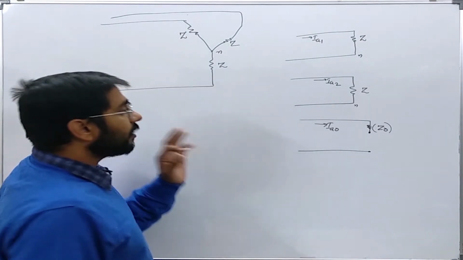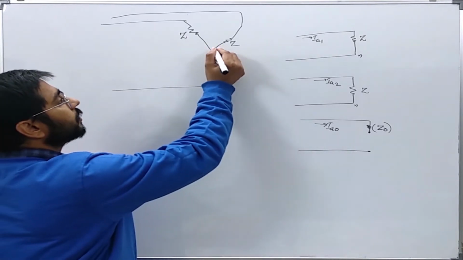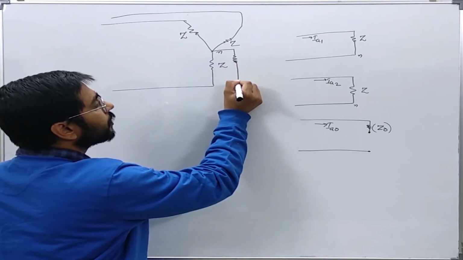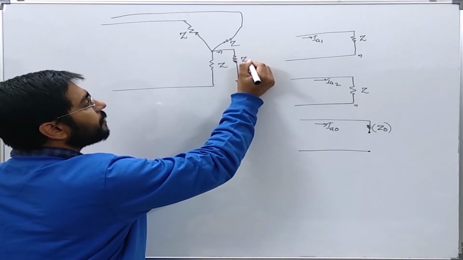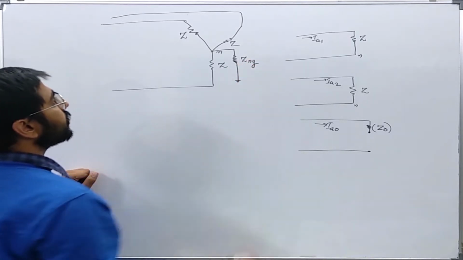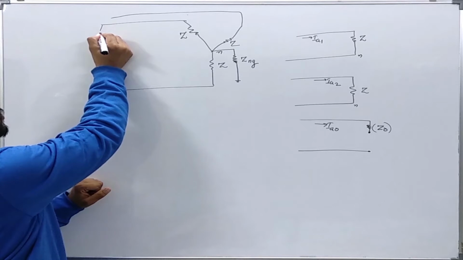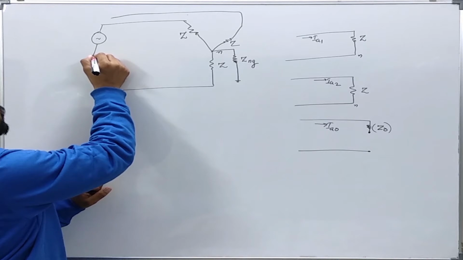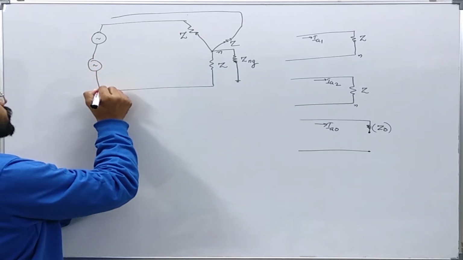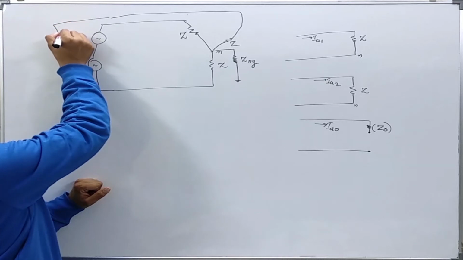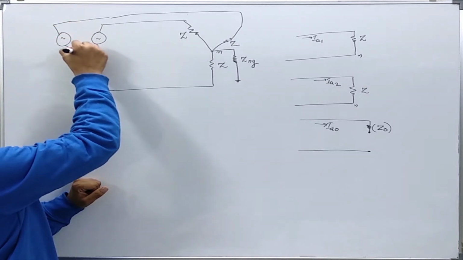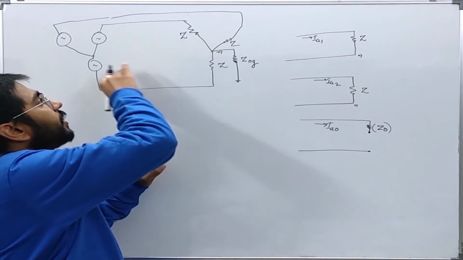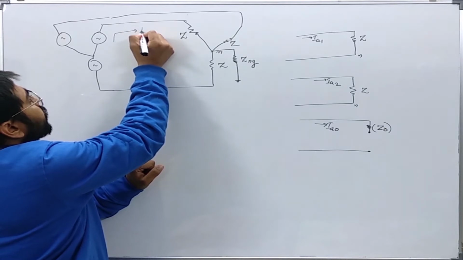Now what will happen if I connect this to ground with an impedance, let us say Z_G. Now I will also show a source. Let us say these sources are generating zero sequence current only.